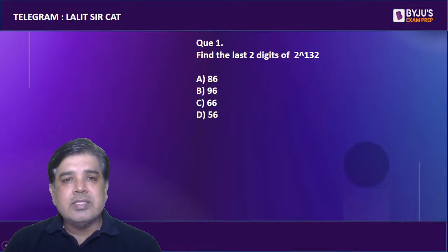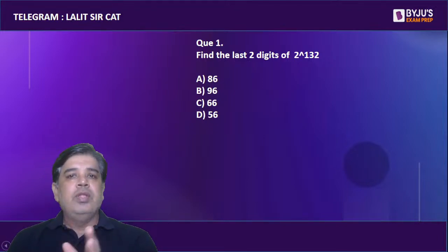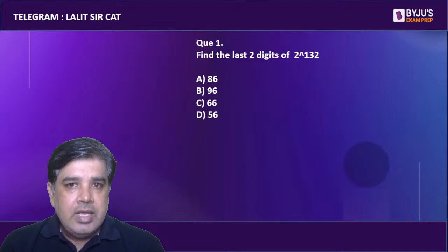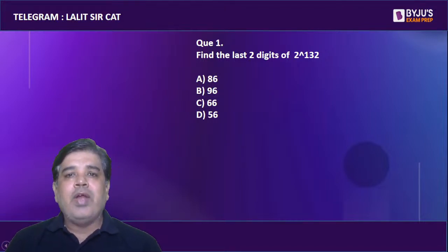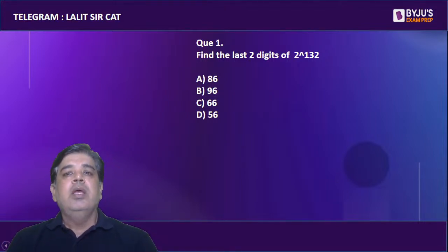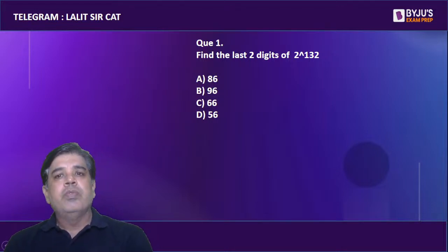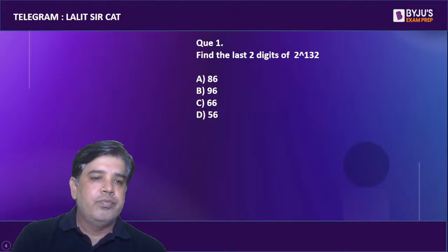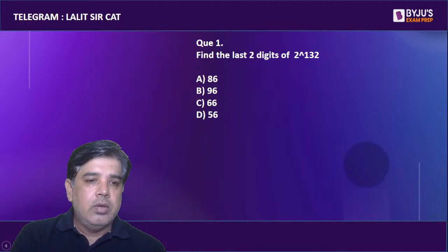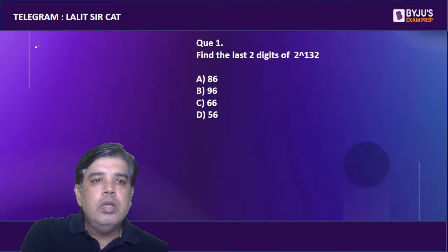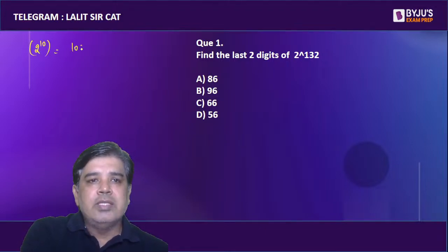I will tell you the concept related to this topic with the help of the question itself. See the first question. We need to find the last two digits of the number 2 raised to power 132. Let me tell you one or two rules first. 2 raised to power 10 is 1024.